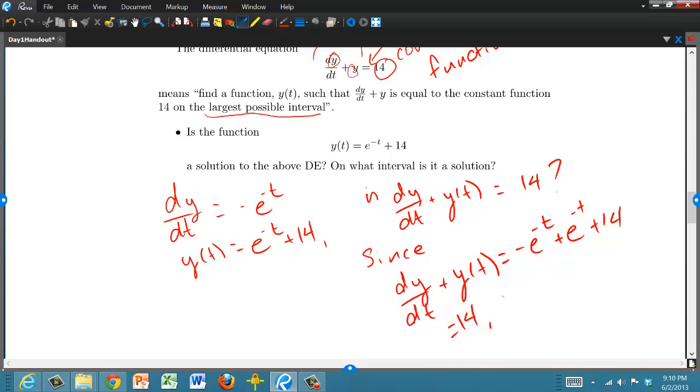It's certainly a solution to the ODE. Now the question is, on what interval is it a solution? It doesn't matter what t you put in here, you'll definitely get 14 out. There are no weird undefined points or anything like that. So it's a solution on the interval negative infinity to infinity.